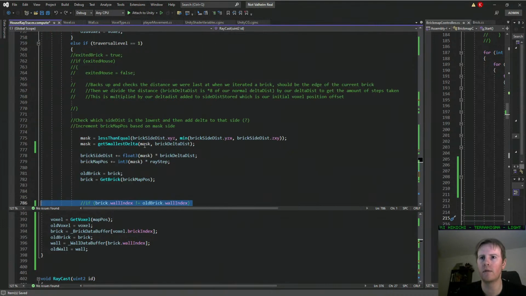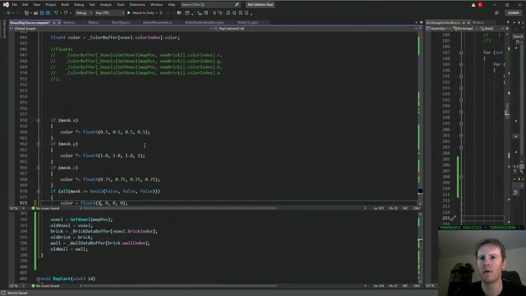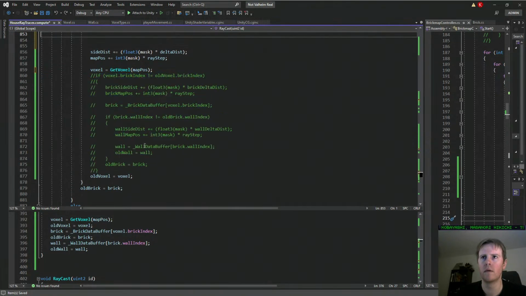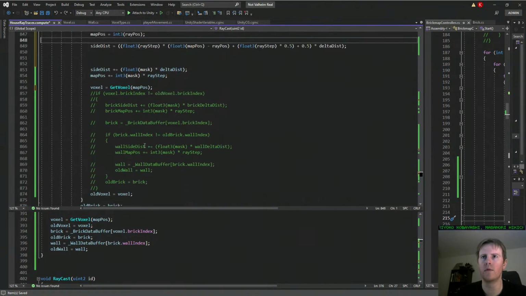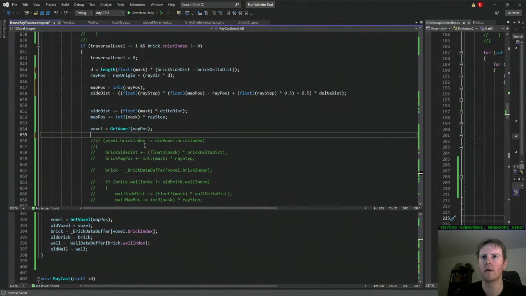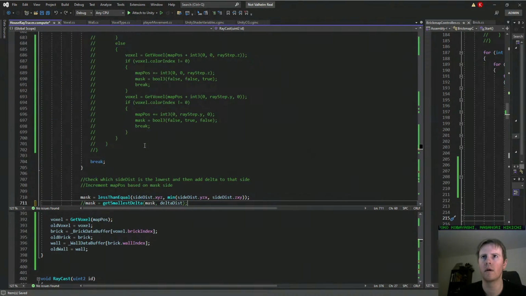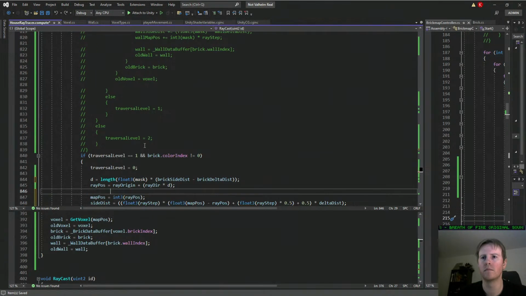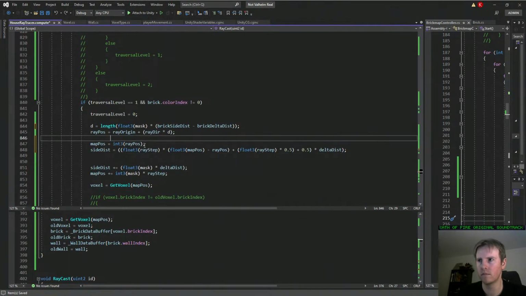I want to go back to right after I removed init ray, I think. There.